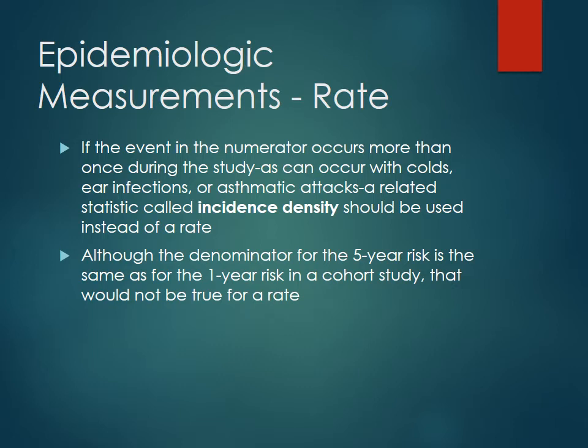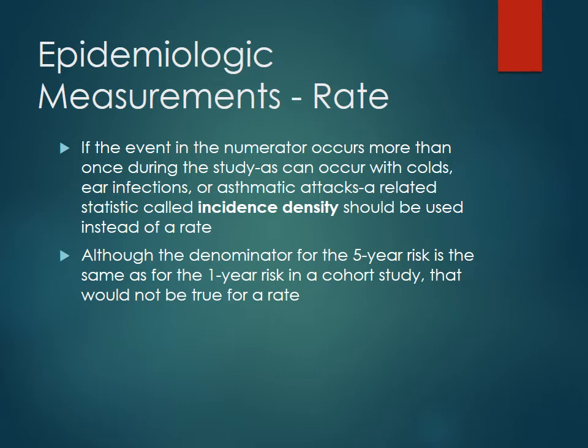So although the denominator for the 5-year risk is the same as for the 1-year risk, when looking at risk, because again, we're using the initial patient population, that would not be true for a rate. So again, if you think about it, if I had that same 100 people in a group, and I was looking at risk over time, that denominator never changes, because again, risk, no matter how long I'm looking at it, it's always going to be the initial group of people that are at risk that I'm looking at, versus rates, you'll notice that changes because we use that mid-period population.